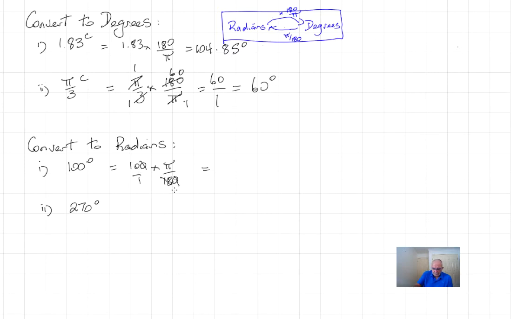Well, we'll try 2. 2 into 18 goes 9, 2 into 10 goes 5, and there are no more factors of 5 and 9. So we'll just say that that's 5 times pi all over 9. Multiply out the tops, multiply out the bottoms. Or another way of writing that is 5/9 of pi. 5/9 is close to a half of pi.